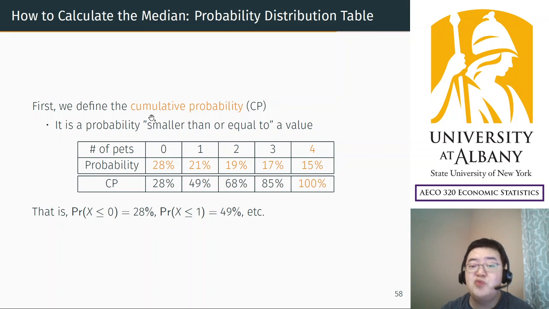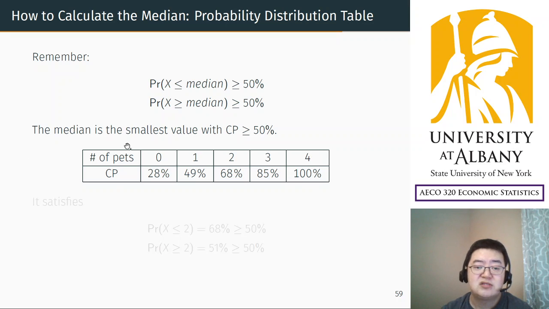So we need the cumulative probability, and once you get the cumulative probabilities, remember we had these conditions. To satisfy the first condition, the probability that x is equal to or smaller than the median must be at least 50%. So that means the cumulative probability at the median is at least 50%. We are looking for the median, and it should have cumulative probability greater than or equal to 50%.